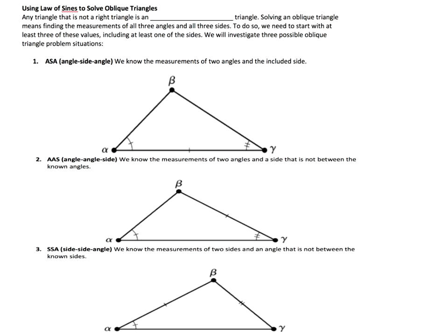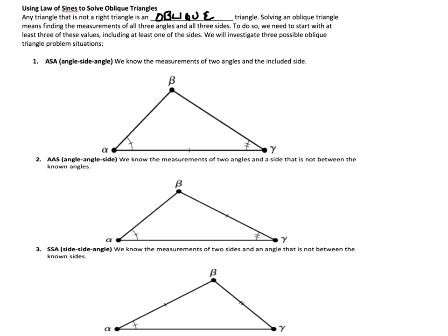Okay, so the first thing we run across is a description of what an oblique triangle is. An oblique triangle is just a triangle that's not a right triangle.